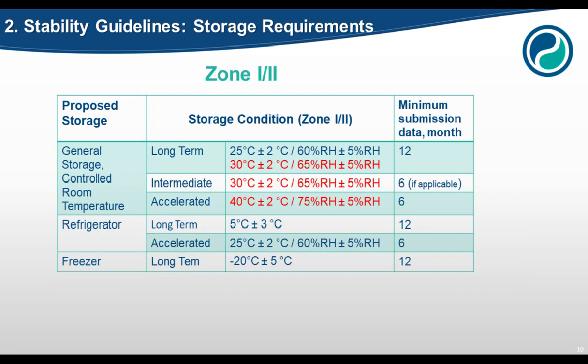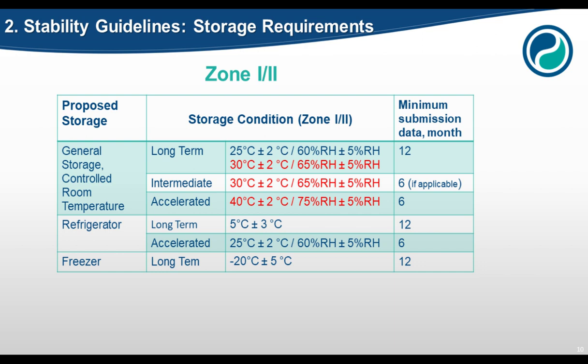So this slide shows the general storage conditions requirement for climate zone 1 and 2. We follow this storage condition. So here I just want to point out for the long-term storage condition, there is an alternative storage condition at 30 degrees with 65% relative humidity.